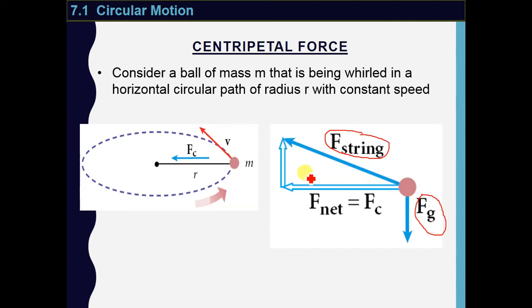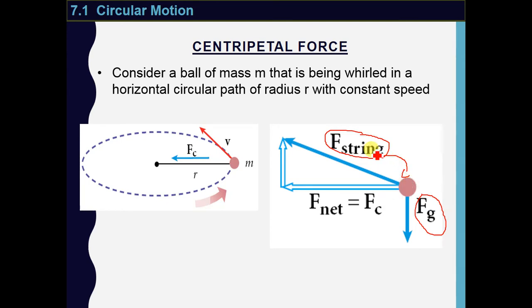The ball is attached to a string and it's moving in a circular path, so the string is holding the ball. The string is exerting a force on the ball to keep it from flying, right?